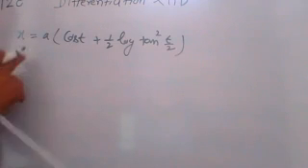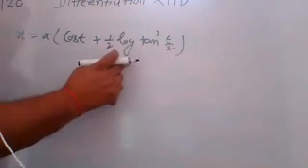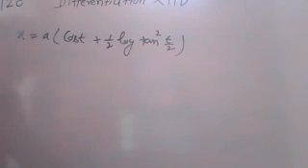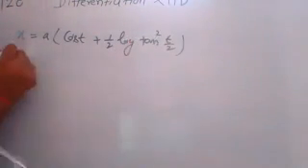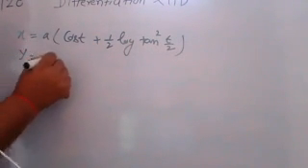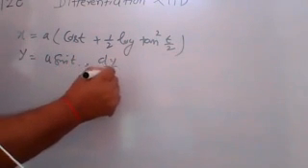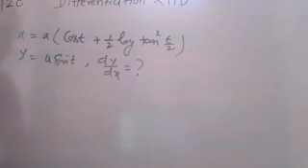Yes, note it. x is equal to a cos t plus 1 upon 2 log tan square t by 2. And your second function is y is equal to a sin t, and you have to find the value of dy by dx.